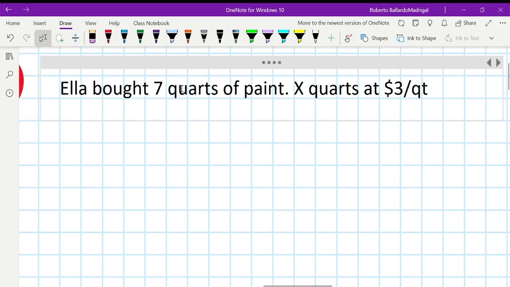That $3 per quart means $3 per quart basically. So we're saying she bought X amount of quarts at $3. Let's say that's from Home Depot.